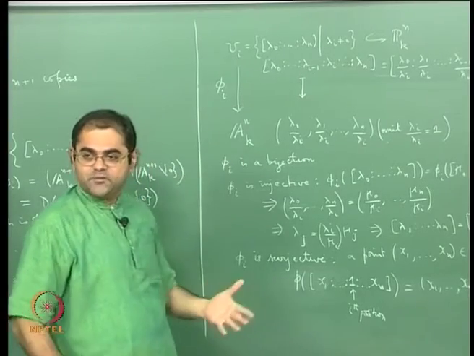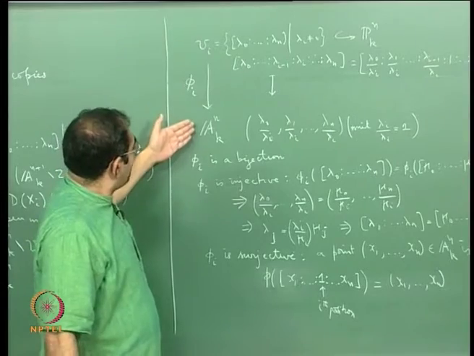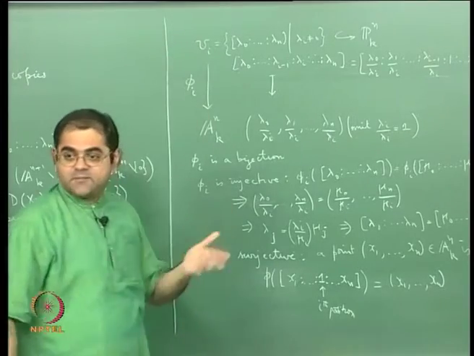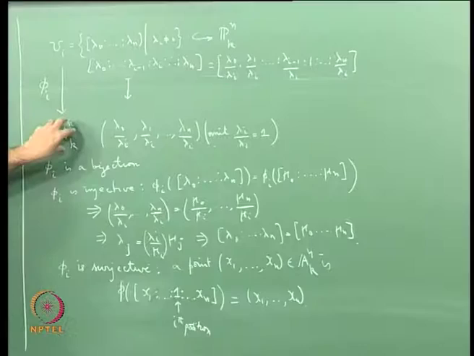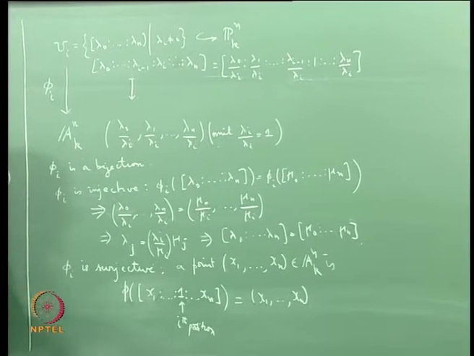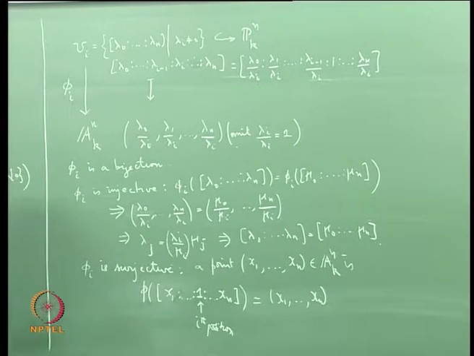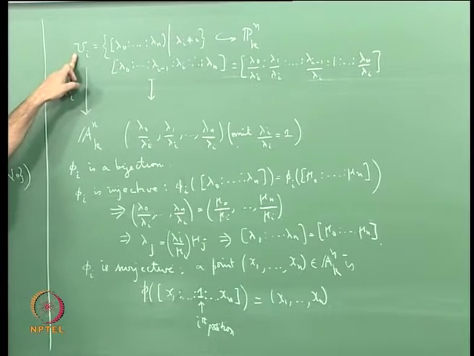In other words, I am saying use these phi's, which are bijective maps, to transport the topology on the affine space back to UI. See, each copy of affine space has a topology. It is a Zariski topology. So I can simply transfer the topology here.